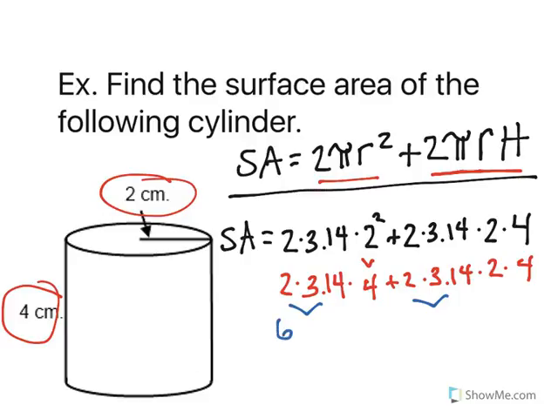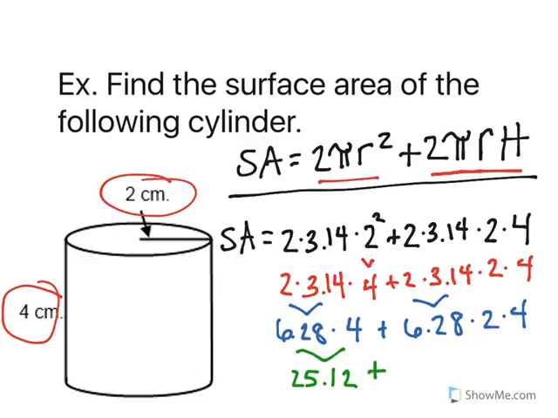So I'll do 6.28, and then I'll drop down my 4, and then plus 6.28 times 2 times 4. And let's do order of operations again. Let's do this here. So 6.28 times 4 is going to be 25.12 plus, and then why don't I just get these all done here.